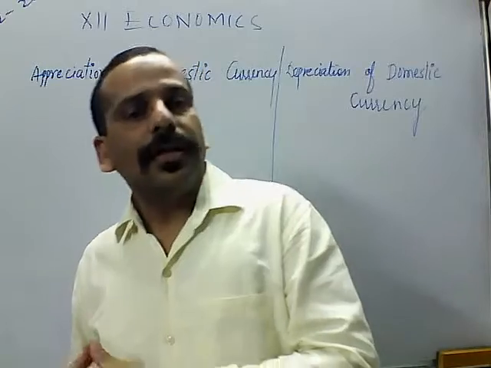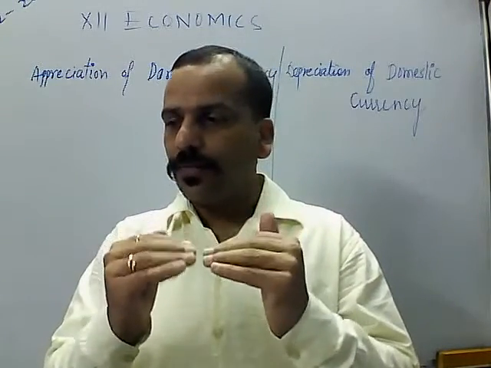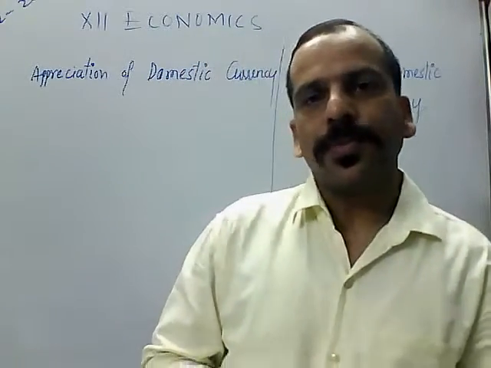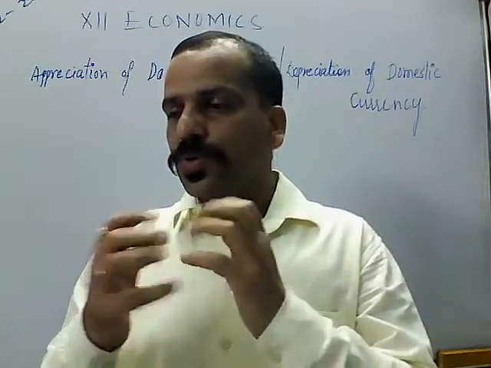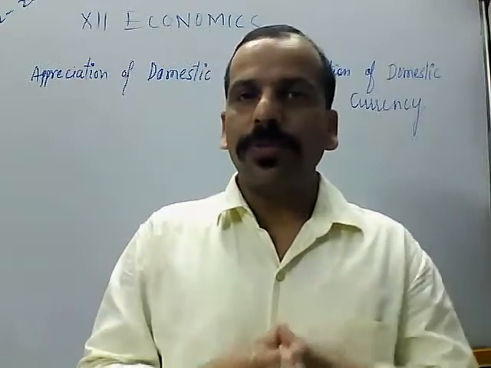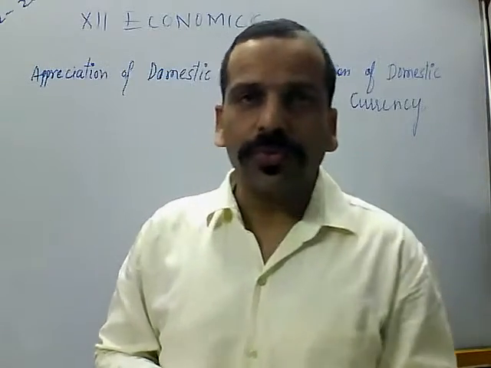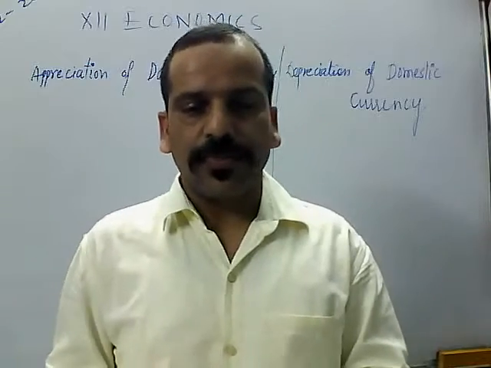Around 72, right? So right now you have to pay 72 rupees to get $1, for example. So the exchange rate is like this. How many units of the domestic currency are you paying to get 1 unit of the international currency?